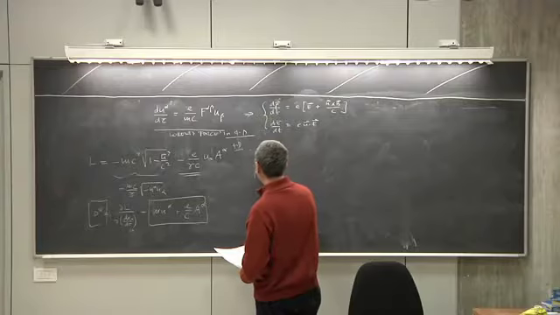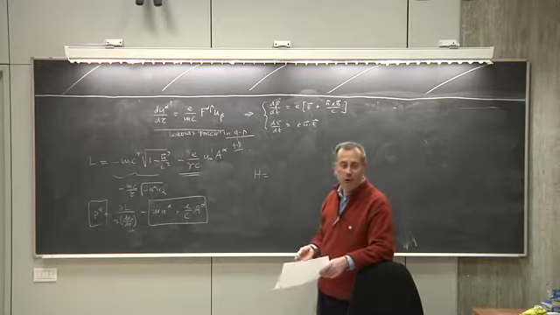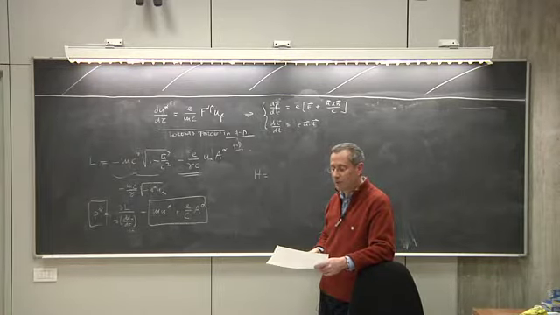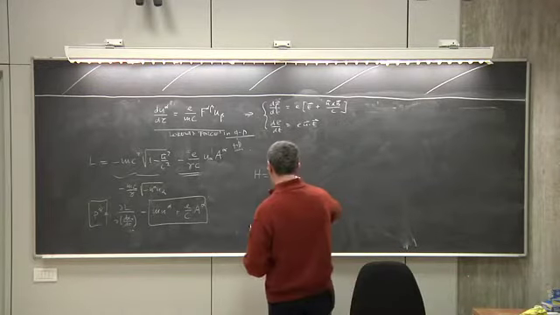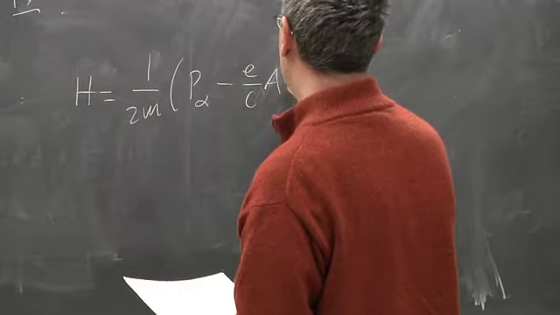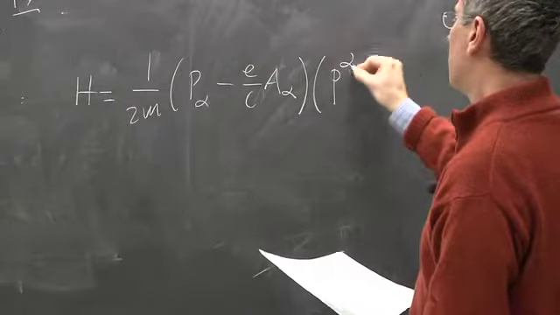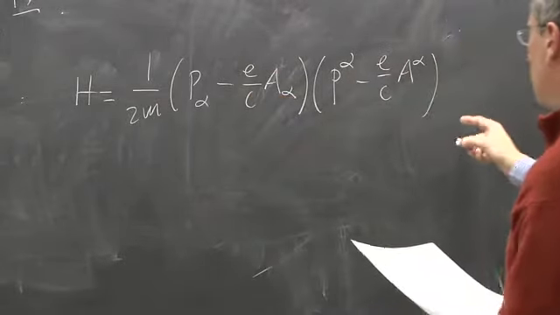The Hamiltonian is just p square over 2m, but the only thing you have to be careful about is that p is now this. In other words, the Hamiltonian is 1 over 2m times p alpha minus e over c A alpha times p alpha minus e over c A alpha. So this is the p square.